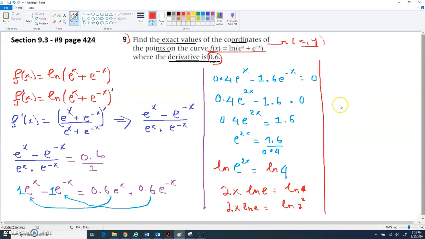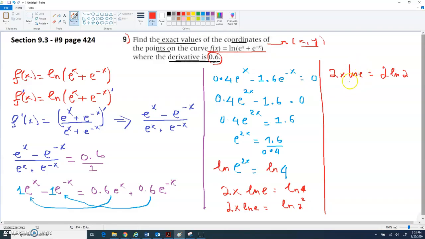Okay, so from there I'm going to take down the 2. So I'm going to have 2x ln e, the natural log of e, is equal to, bring down the 2, so I have 2 ln 2. By the way, what is the natural log of e?